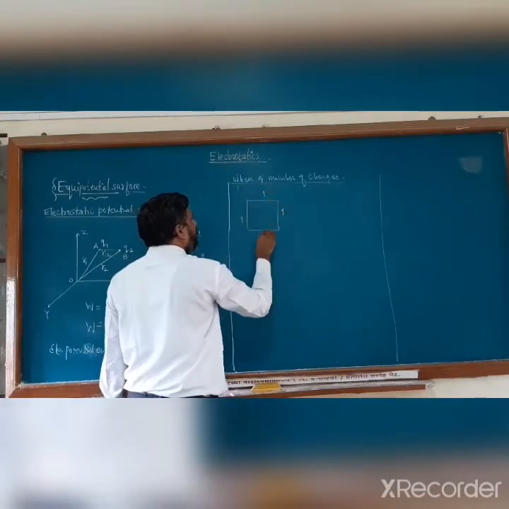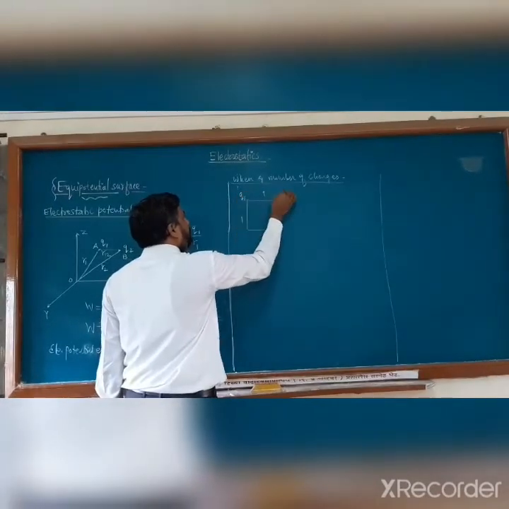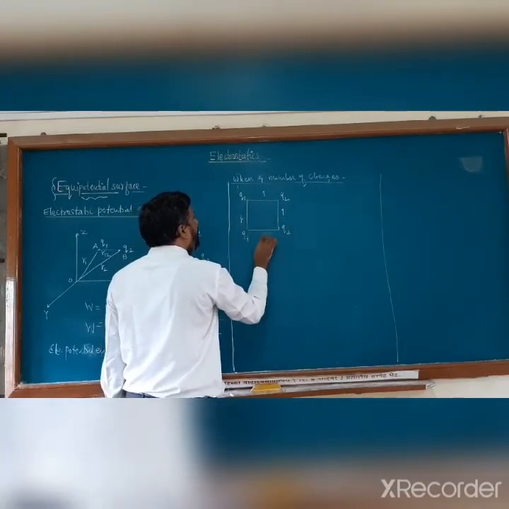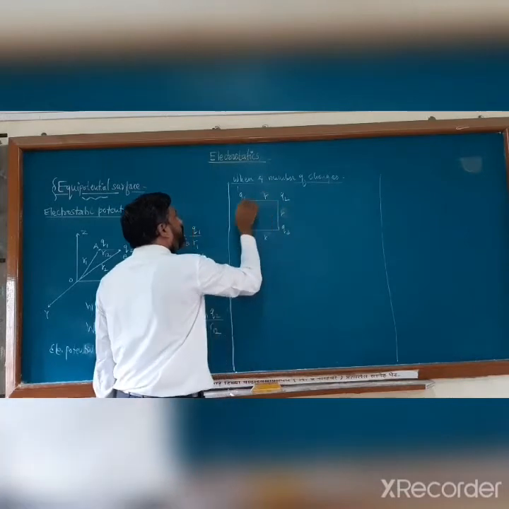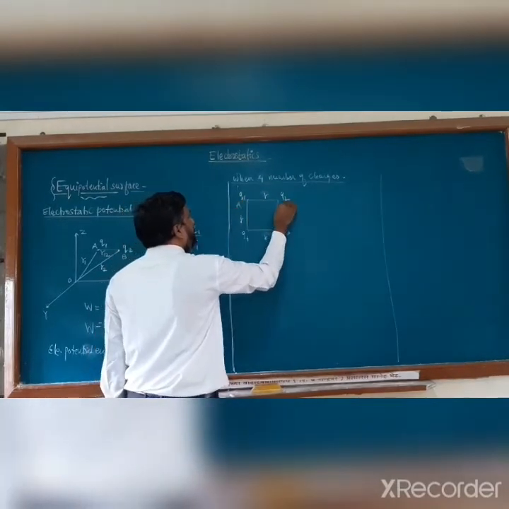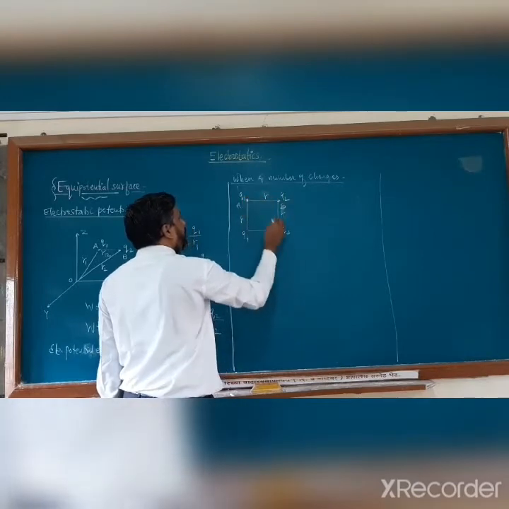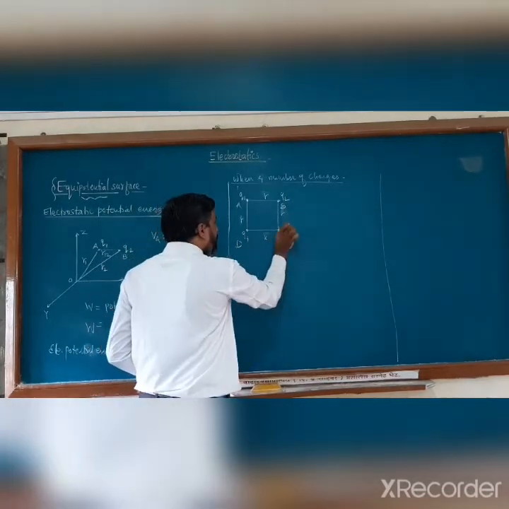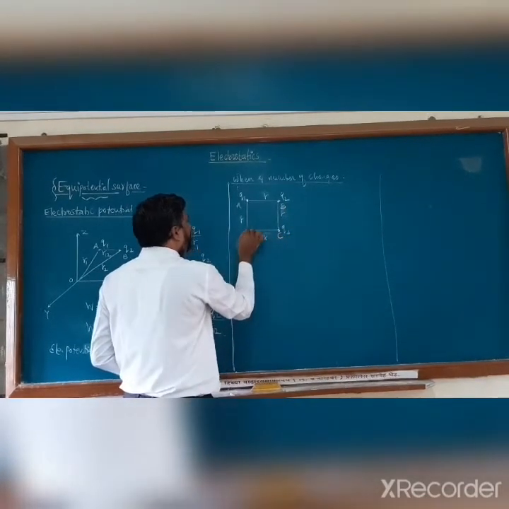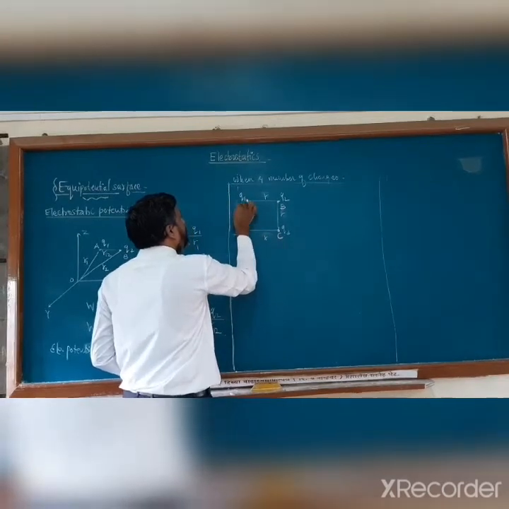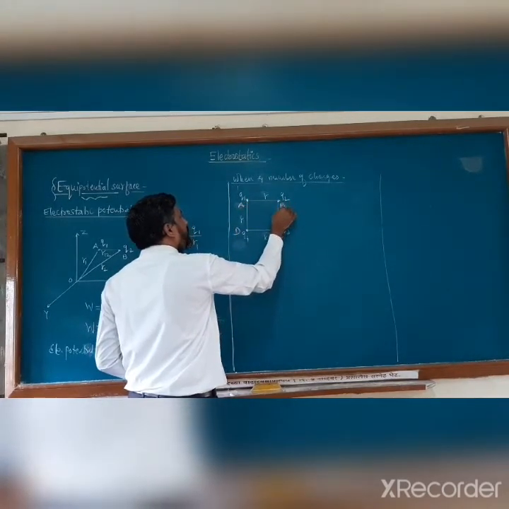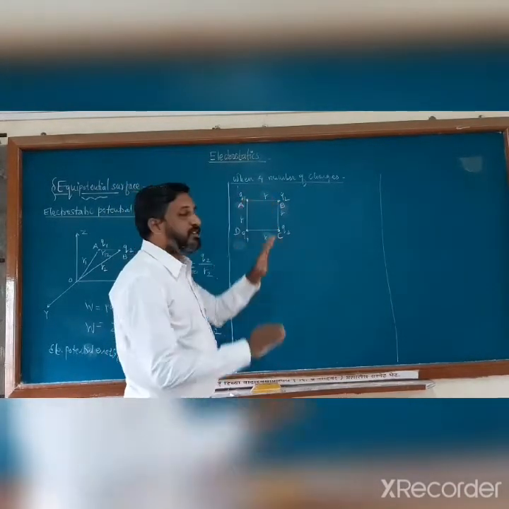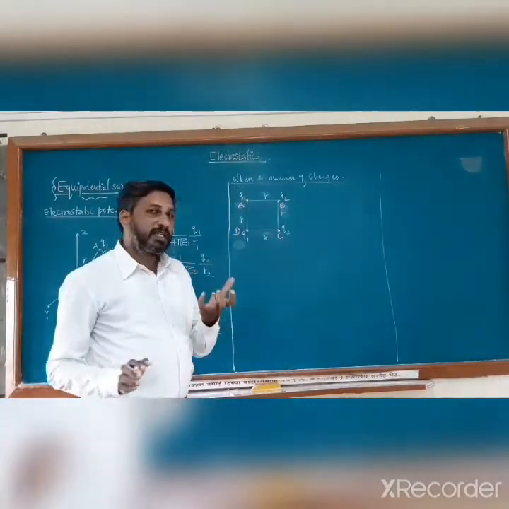Here the charges are Q1, Q2, Q3, Q4, and R is the distance. The points are A, B, C and D. To avoid confusion, I am symbolically expressing them with different colors. A, B, C, D are my points, and each side of the square is of distance R.